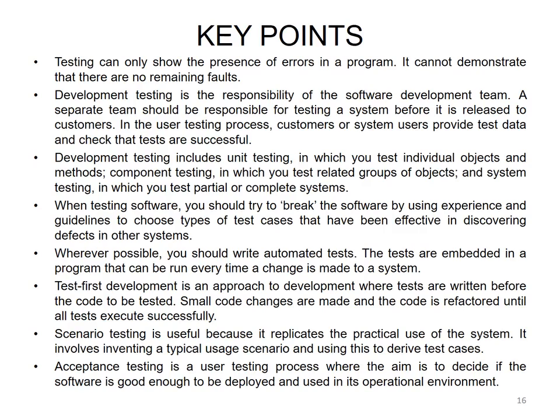In the user testing process, customers or system users provide test data and check that tests are successful. Development testing includes unit testing, in which you test individual objects or methods, component testing, in which you test related groups of objects, and system testing, in which you test partial or complete systems.